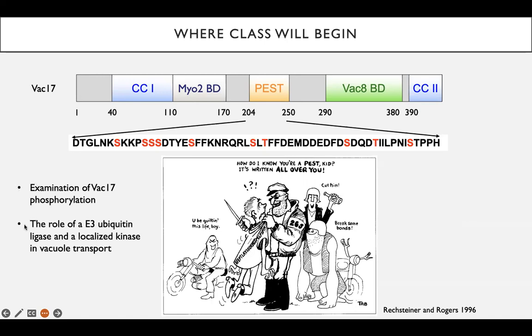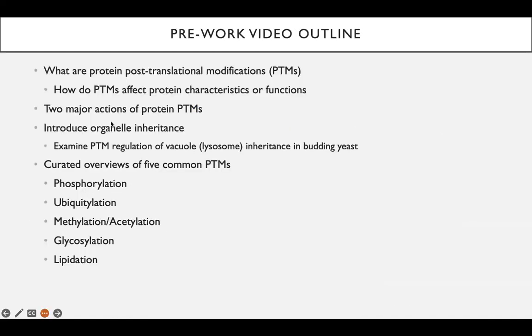That's where I wanted to get to, this primary goal of giving a little bit of a discussion on protein post-translational modifications, and then connecting that to vacuole inheritance in budding yeast, so that as class starts, we can examine some data on the post-translational modification of VAC17 and how that is studied to examine the regulation of vacuole inheritance.